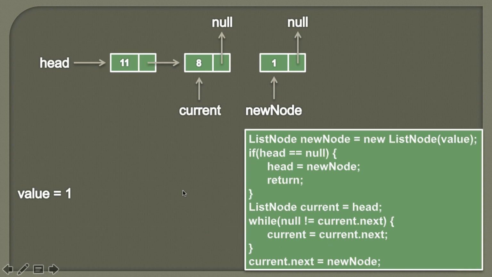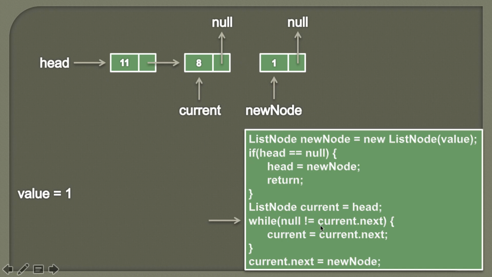Moving ahead, we will again check whether current.next is equal to null or not. Here you can see current.next is equal to null, and we also know that the singly linked list has two nodes. So the node having data as 8 is the last node. We have traversed current to the last node, and now we can insert this new node to the end of the singly linked list.